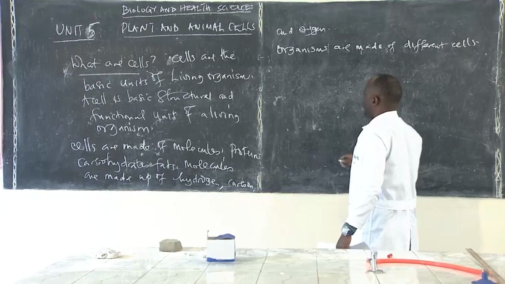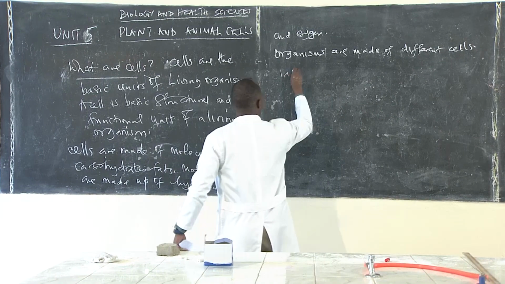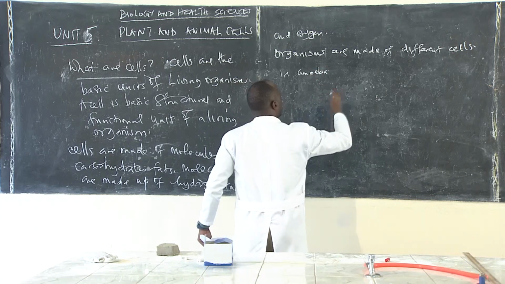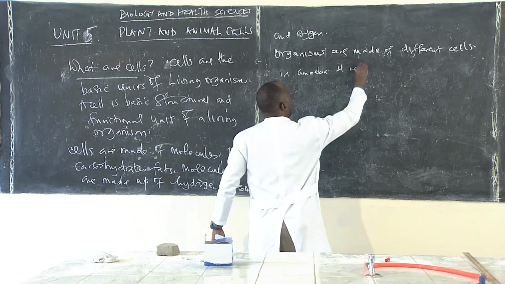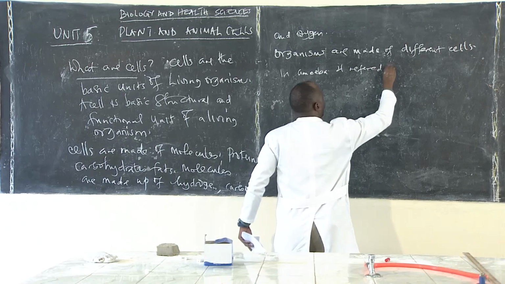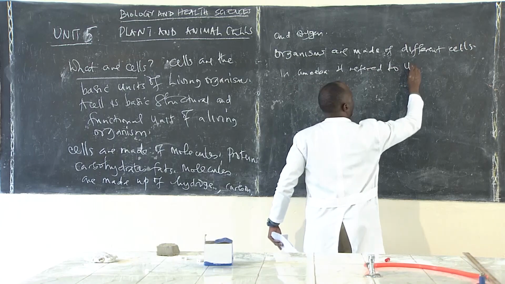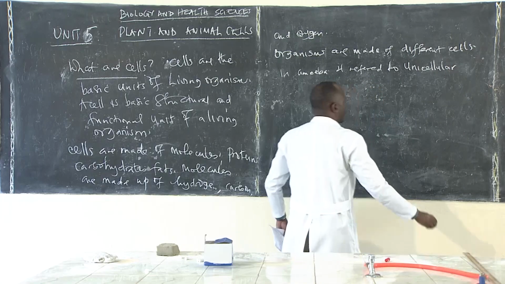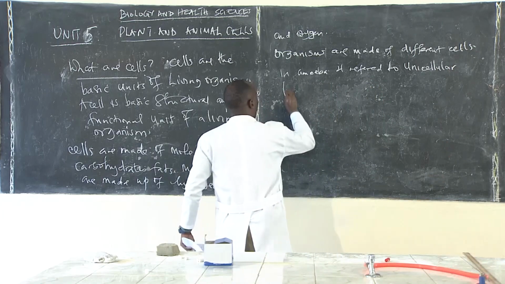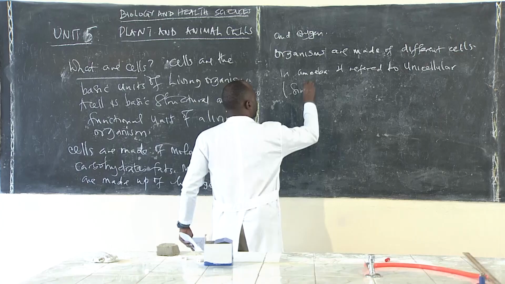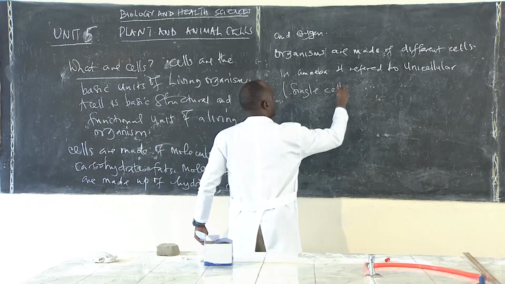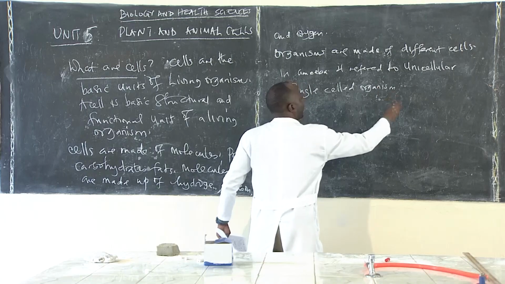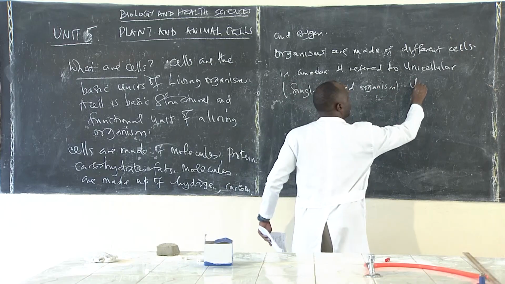For example, amoeba is referred to as a unicellular organism, or a single-celled organism.